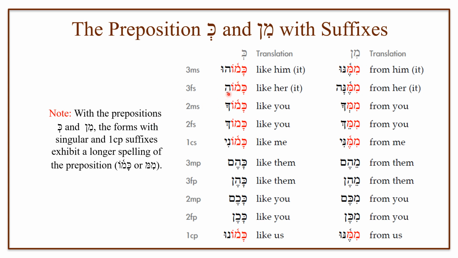So rather than just a cut like you have down here, we've added the mo in between. That happens in all of the singular suffixes, and it happens with the first common plural. That's true for both of these prepositions. So instead of just kahu, you've got kamohu. Instead of just kaha, you've got kamoha. Over here in the min, you've got mimenu instead of just menu, and you've got mimena instead of just mina. So there's an extra syllable there.